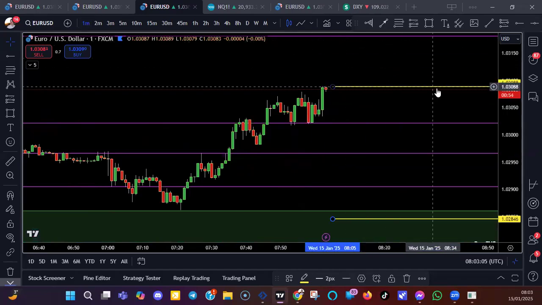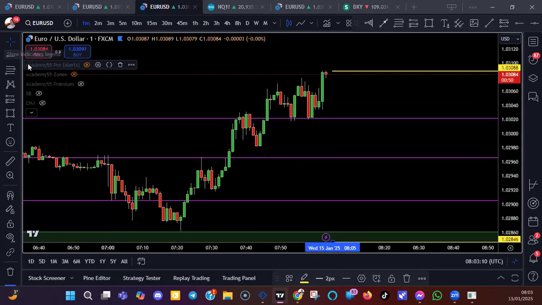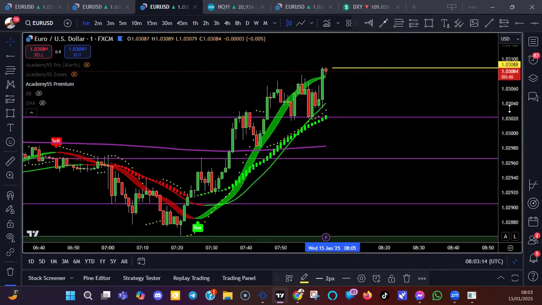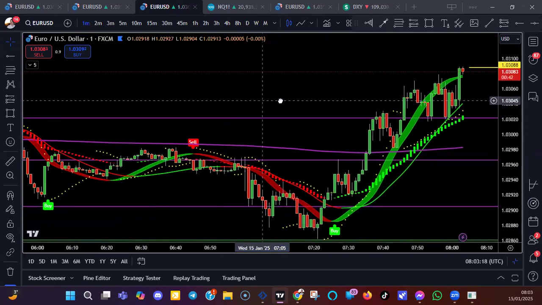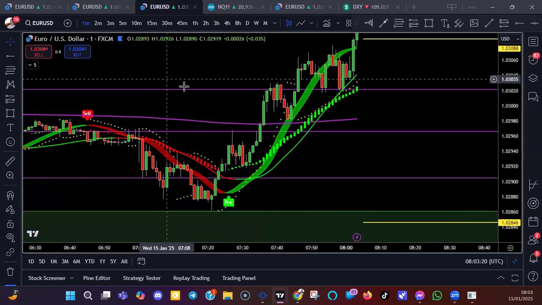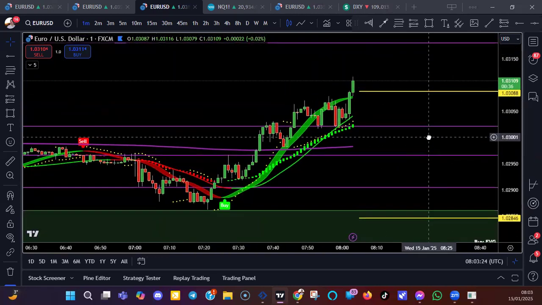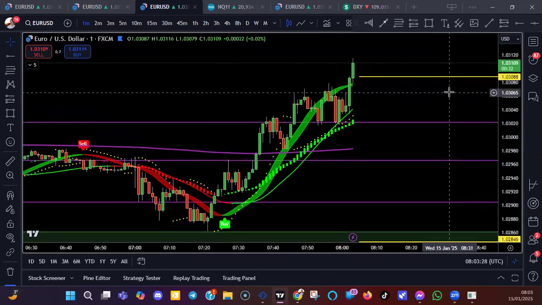So we go down to the minute and put my indicators on. So now I feel I have a little bit more of an idea of the areas where price will maybe stall, want to get to for whatever reason.